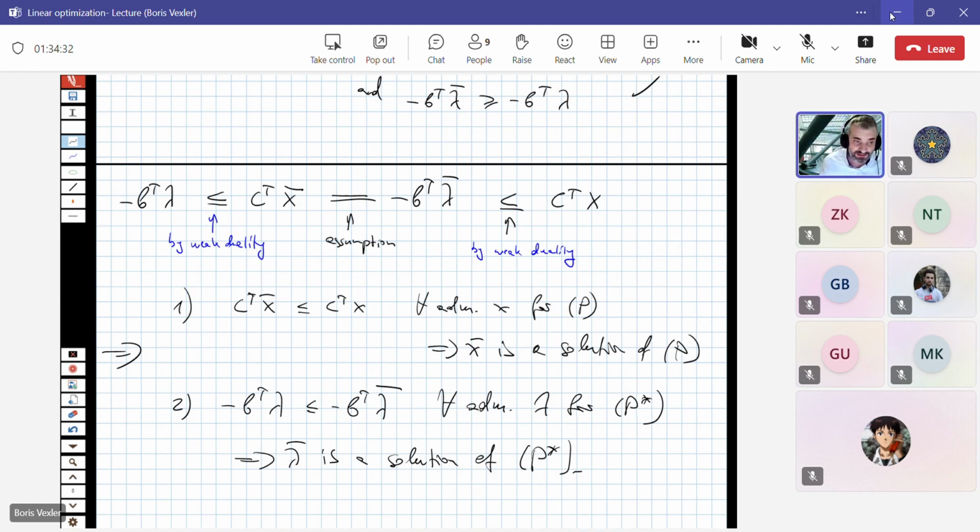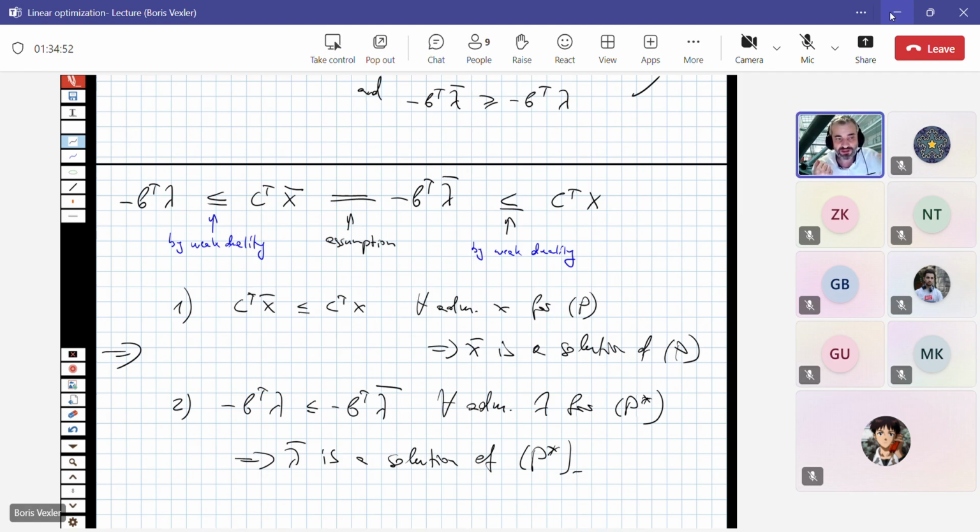And the thing we would like to do now, this will be a strong duality. We would like to prove it the other way around.